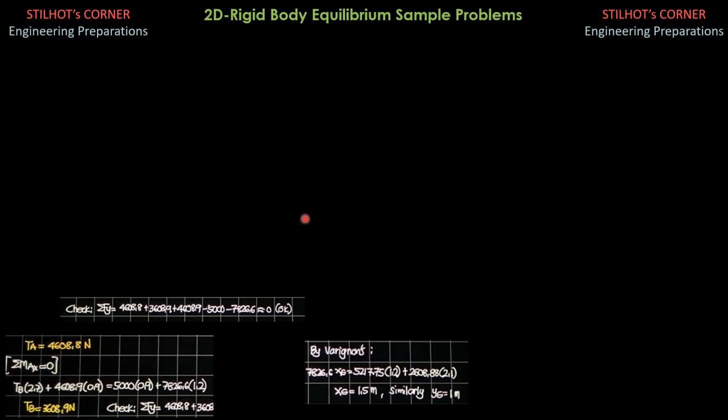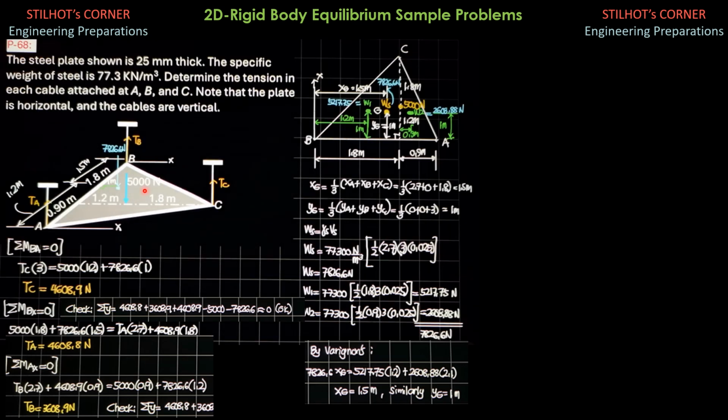This is 3D, but because the forces are parallel forces, it's like a two-dimensional problem also. And this is a simple problem except for the location of the centroid of this triangular plate. Maybe you do not know, but as long as you know the location of the centroid of a right triangle, then you can split the triangle into two right triangles if you want.